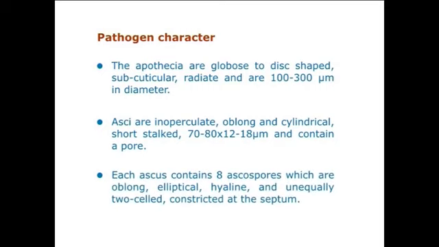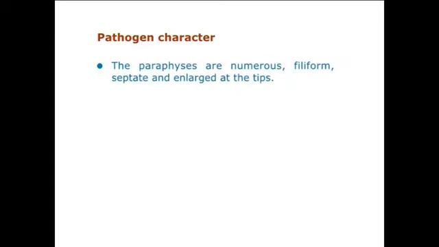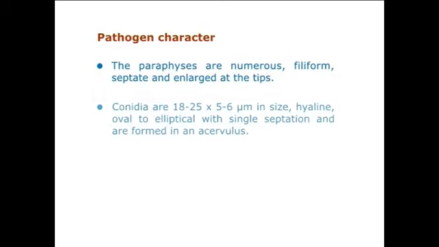Each ascus contains 8 ascospores, which are oblong, elliptical, hyaline, and unequally two-celled, constricted at the septum. The paraphyses are numerous, filiform, septate, and enlarged at the tips.